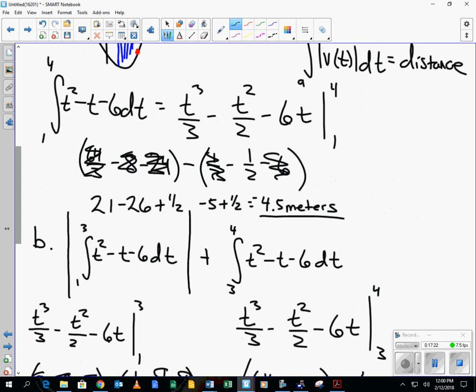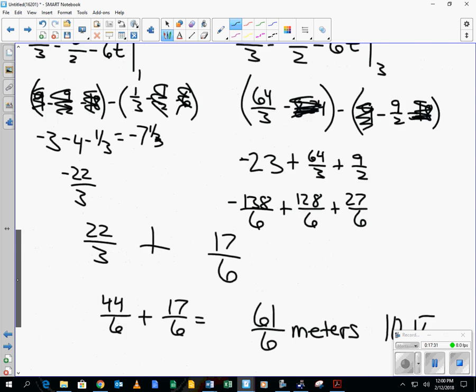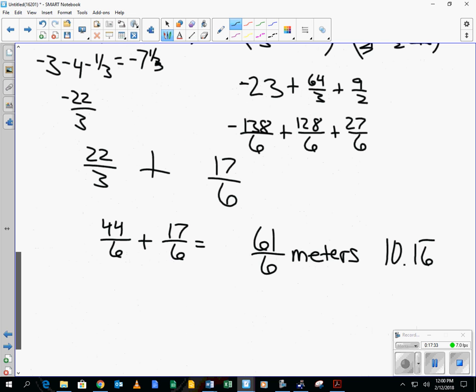No, you cannot. You can't do anything with this to determine the final result. The fact that its overall displacement is negative 4.5, we can't use that to come up with the 10 and 1/6.